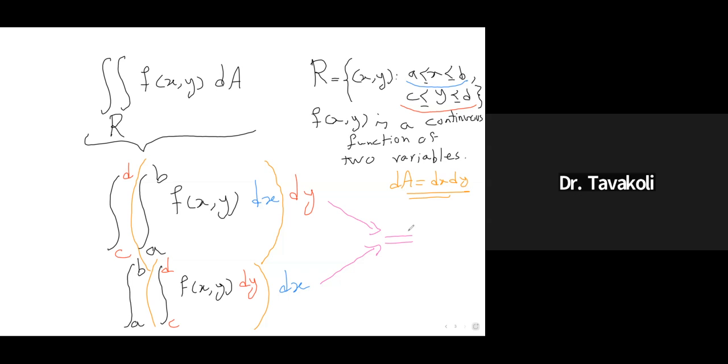For example, I want to do the integral over some rectangular region R, and the function that we have here is 6x squared y. So I want to calculate this. Now let me explain what R is.